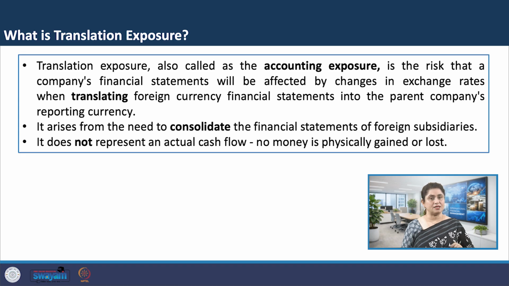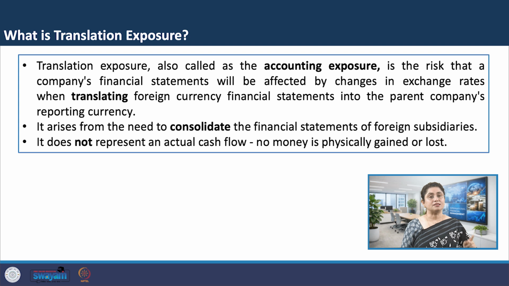Let me emphasize two things about this definition. First, it arises from the need to consolidate. If a company had only one subsidiary in one country and never needed to prepare consolidated accounts, translation exposure would not exist in the way we discuss it.